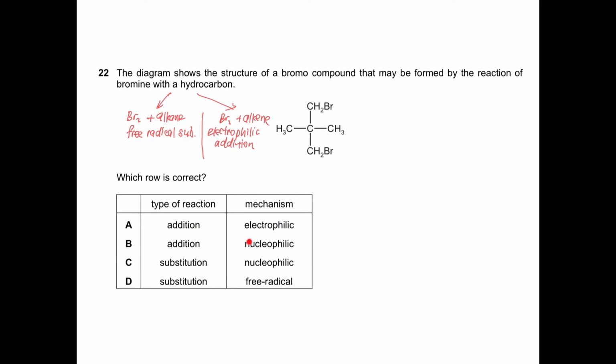Nucleophilic addition, you can just straight away disqualify it, because alkane and alkene do not go through nucleophilic addition. Nucleophilic addition is for other homologous series. How about C? Nucleophilic substitution. This is not for alkane and alkene as well, so we can just straight away disqualify C. So we have only two choices left, which is A, electrophilic addition, and D, free radical substitution.